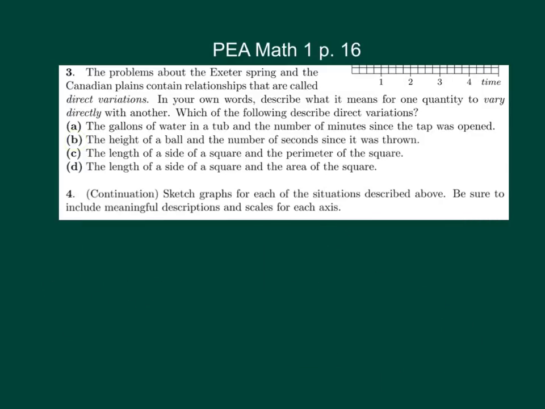On C, what about, does the length of a side of a square vary directly with the perimeter of the square? Anna says yes. So it is direct. Why is it direct? Because the length of the side of the square, the perimeter will always be 4 times the length.